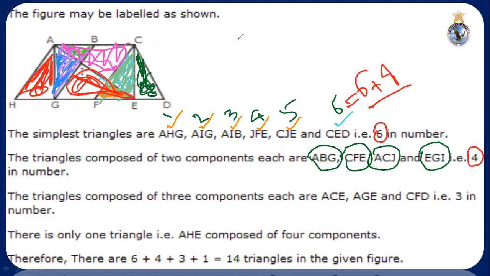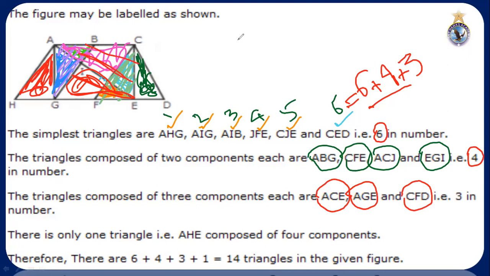And now the triangles composed of 3 components. Now 3 triangles are making one triangle. That is ACE, AGE, and CFD. So 3 more triangles are there. We will add ACE. You can see ACE, this upper part.